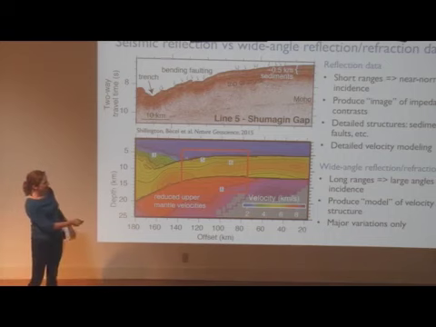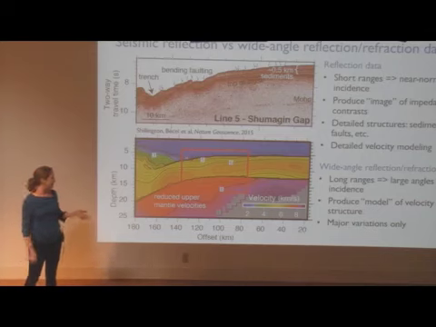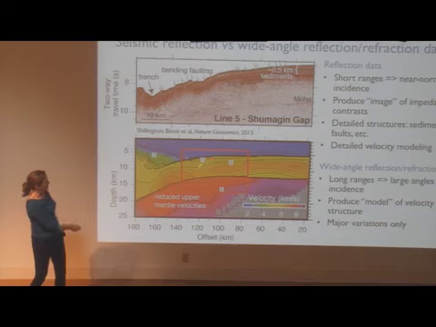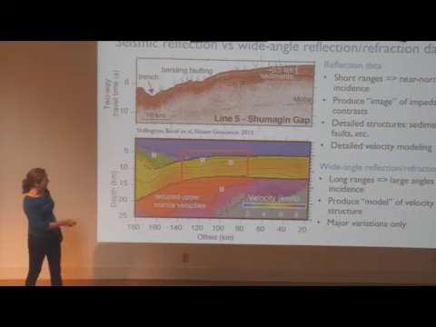And these are complemented by wide-angle reflection-refraction data, which are normally used to create models of P-wave velocity of the Earth. This reflection image is from here, and now we're looking in depth across the incoming plate. This is colored by P-wave velocity. All the oranges and yellows are crust.